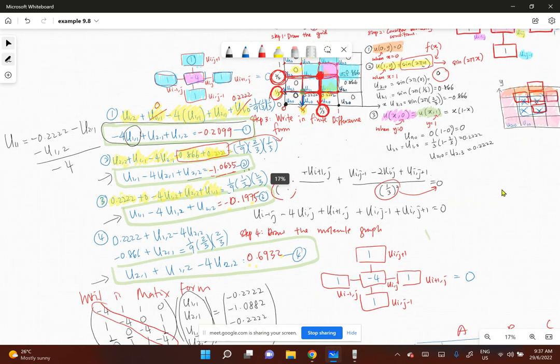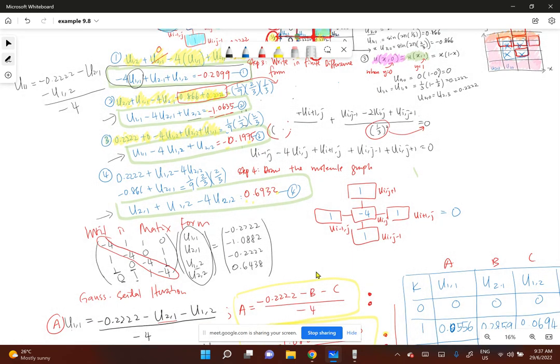So we solve using the system of linear equations. So only this part changes, only this part is changing. So here, this is negative 0.2099.